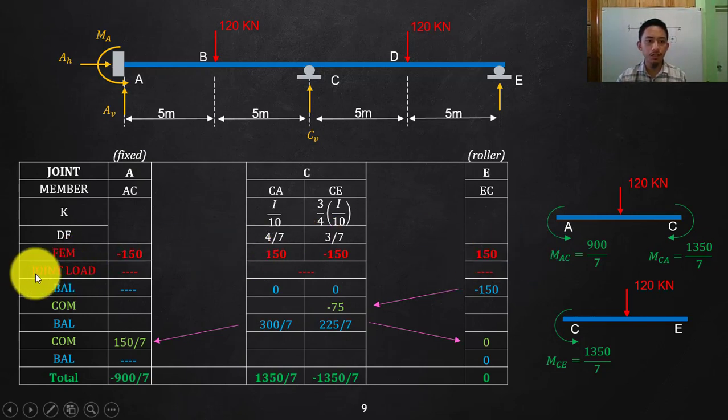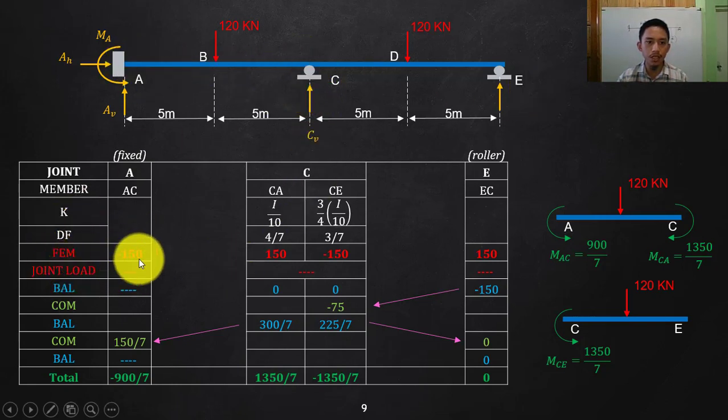What else? You need to consider if there is a joint moment load, but there is no moment load at the joints. So, none. I do not need to be writing there any, or if you want, you can write there 0 so that you will not be confused. Now, let's see the equilibrium state of all the joints.